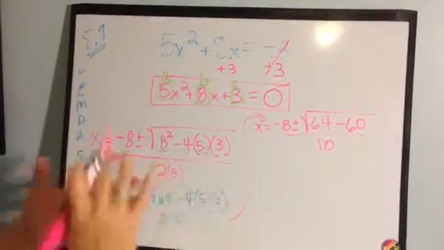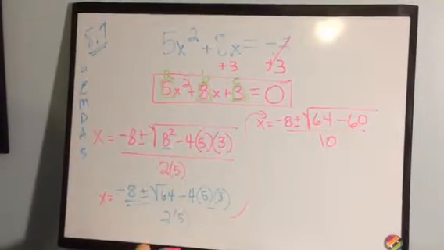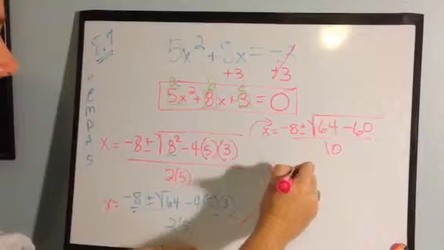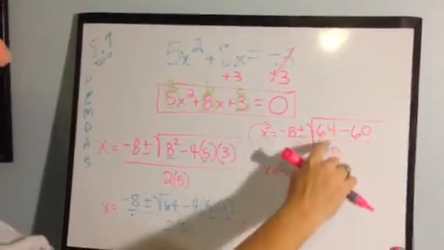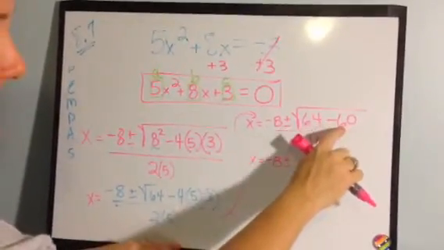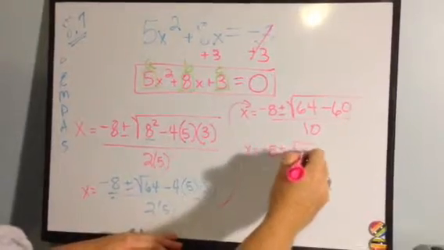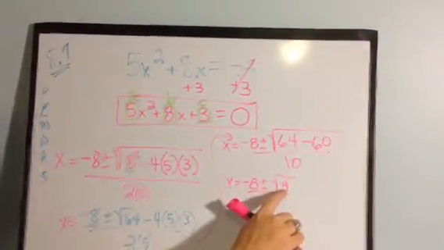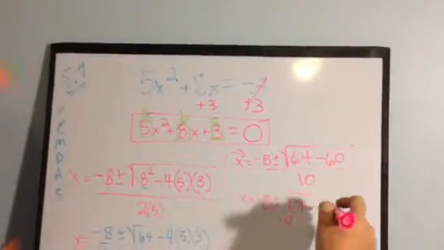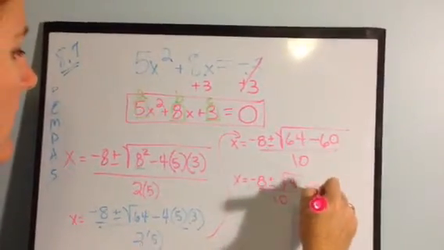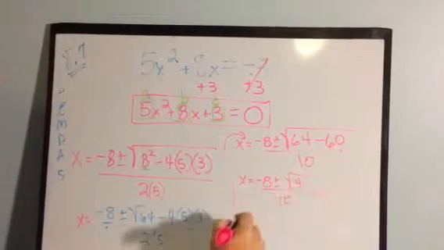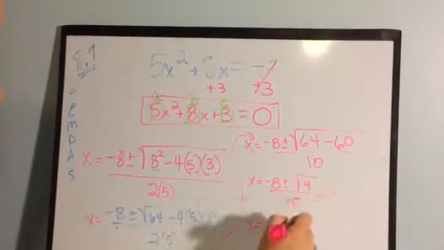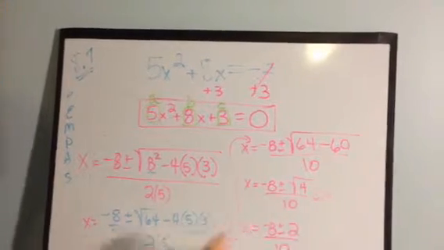So x is going to equal that stuff. Okay? So now I have x equals negative 8 plus or minus, 64 minus 60 gives me the square root of 4, all over 10. Well, I know the square root of 4 is going to be 2. So x equals negative 8 plus or minus 2 over 10.